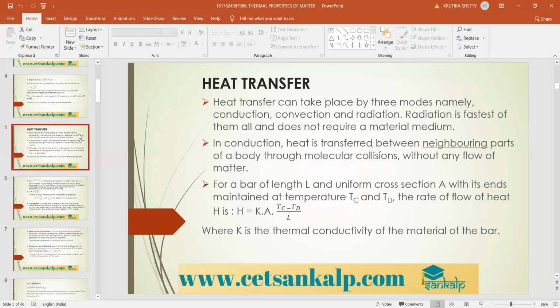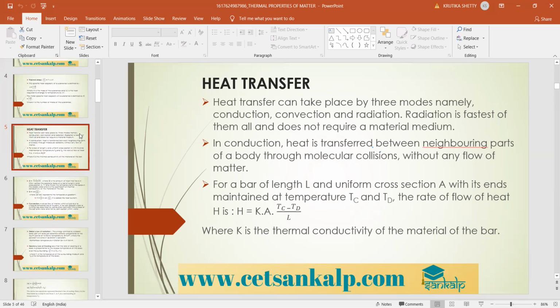Compared to all these 3, that is conduction, convection, and radiation, radiation is the fastest of them all and does not require a material medium. The main difference is that radiation does not require a medium for its propagation. Here, heat can be transferred without any material medium.